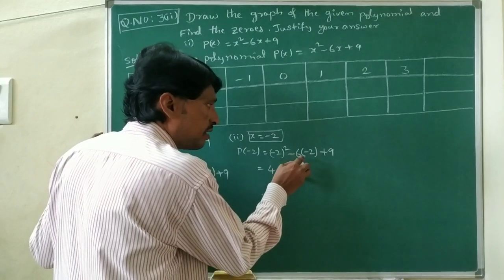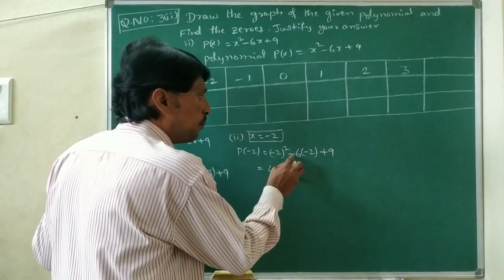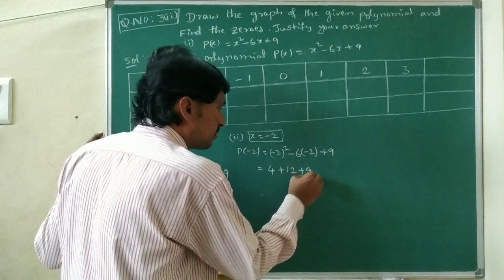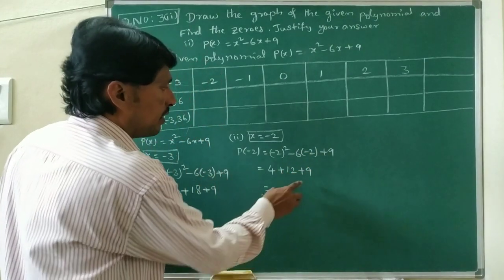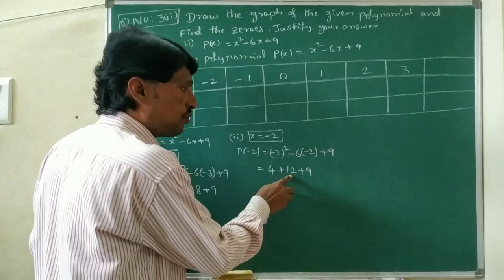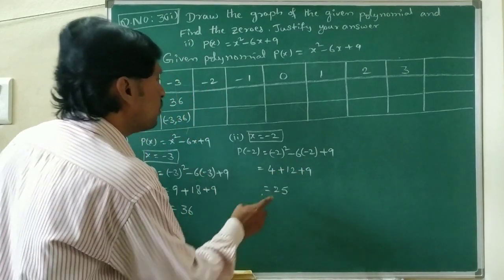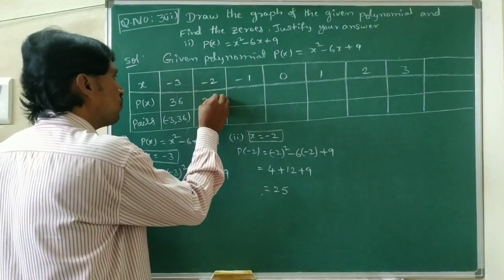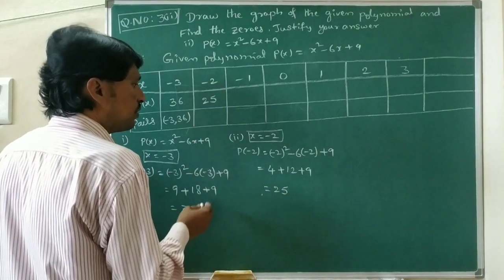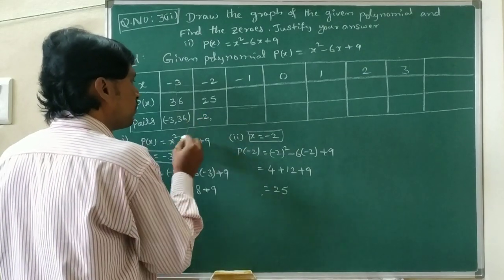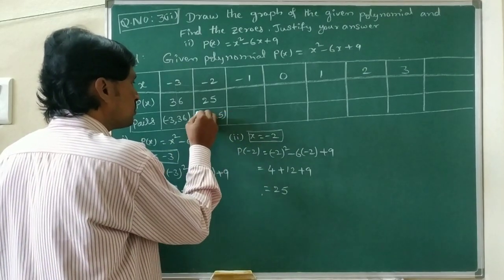So here minus bracket means into. Minus into minus plus, 6 2s are 12, plus 9. Here 9 plus 12 is 21, 21 plus 4 is 25. Now this value you can write it here. So p of minus 2 we got 25. So the pair we are getting is minus 2 comma 25.